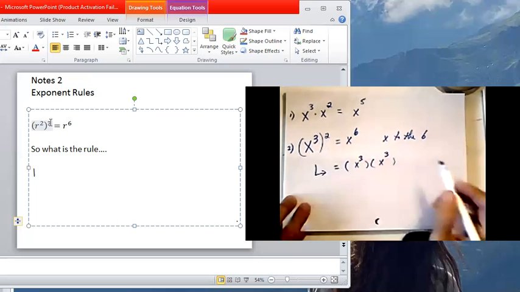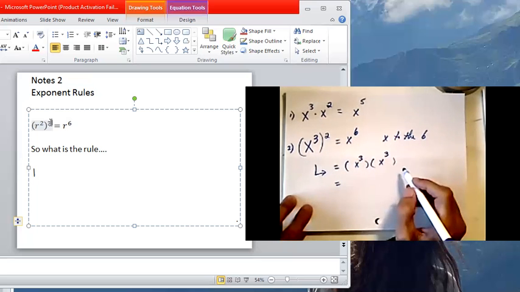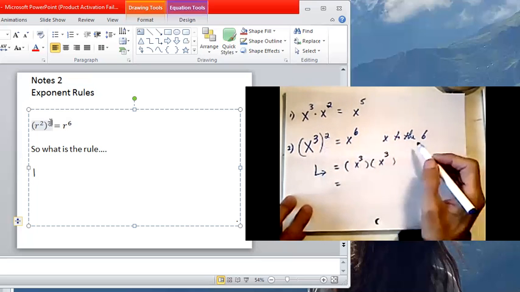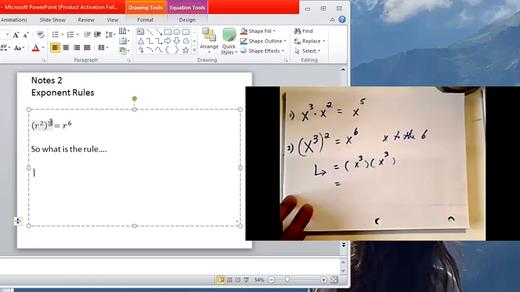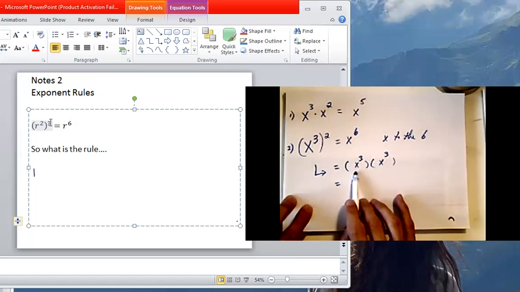I got you. So the number outside the bracket is how many times we multiply x3 together. Perfect. How many are in here? So 3. What's the rule for this one?